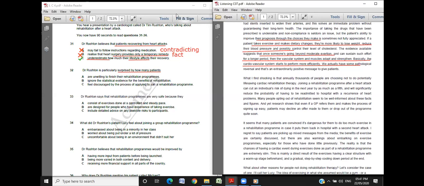Now, in question number 2, he first went on to say that thousands of people choose not to do cardiac rehabilitation therapy. Okay, so it's not that they do not complete it, but they don't do it.